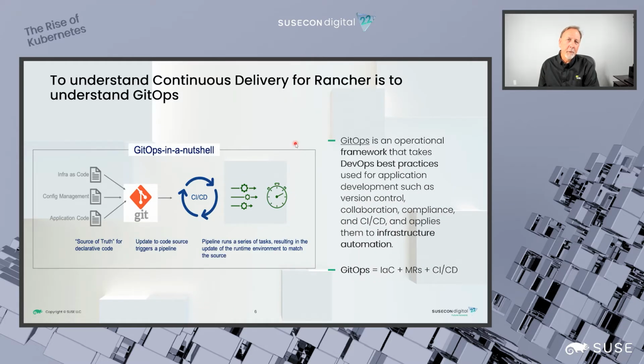There's also another piece that's better to understand and that's GitOps. And in order to understand the continuous delivery within Rancher, it's good to know what GitOps is and what it leverages. So GitOps, as the definition here shows, is an operational framework that takes those best practices we just talked about on the CI/CD side, and how those fit into a DevOps best practices approach.